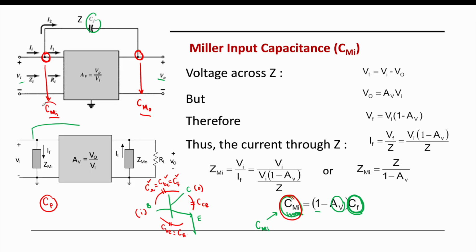So how do we get the value of CMI and CMO? By using this formula, where CMI can be calculated by 1 minus the value of the voltage gain, output over input, multiplied by the value of CF.